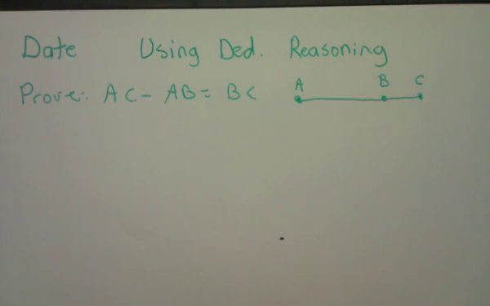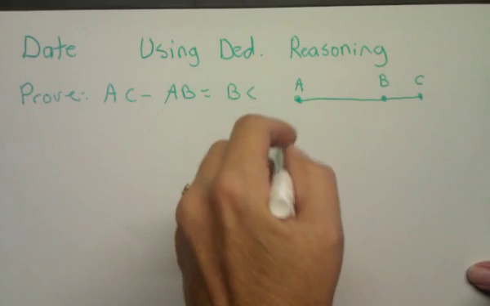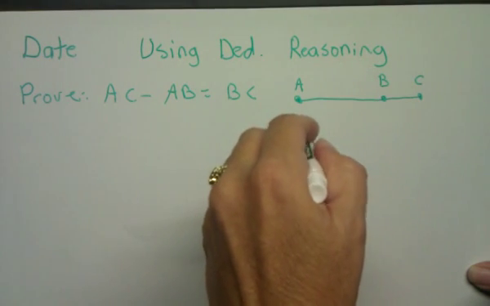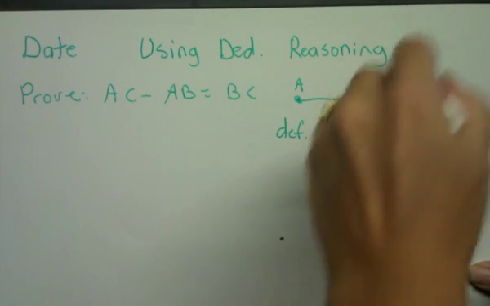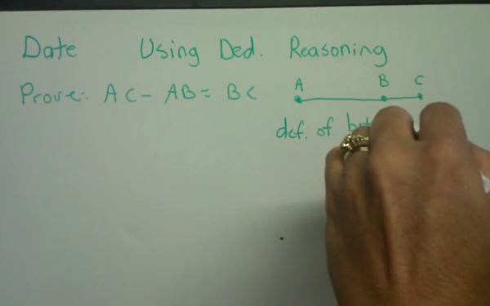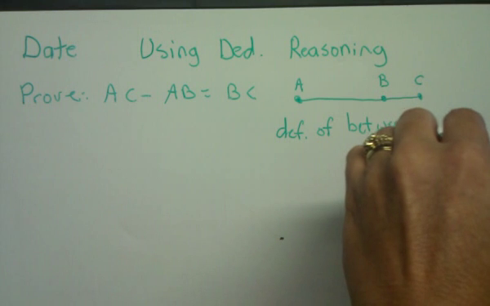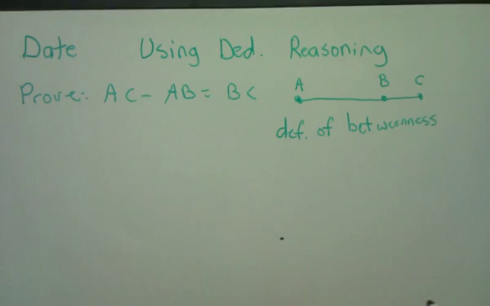Use the definition of betweenness to deduce that AB plus BC equals AC.